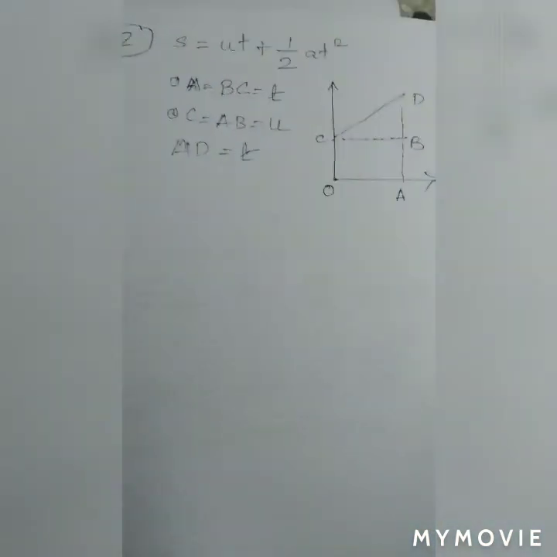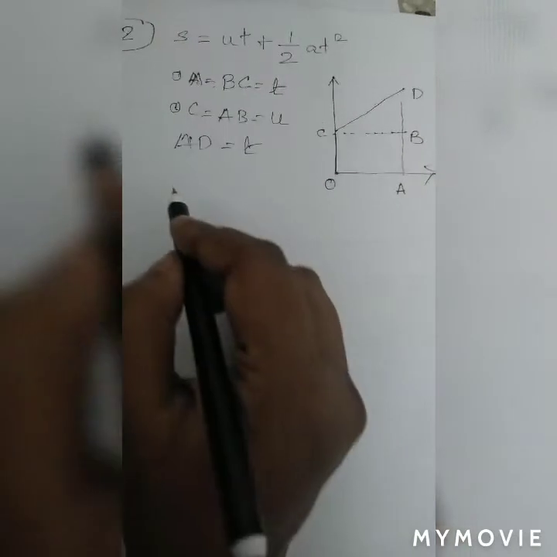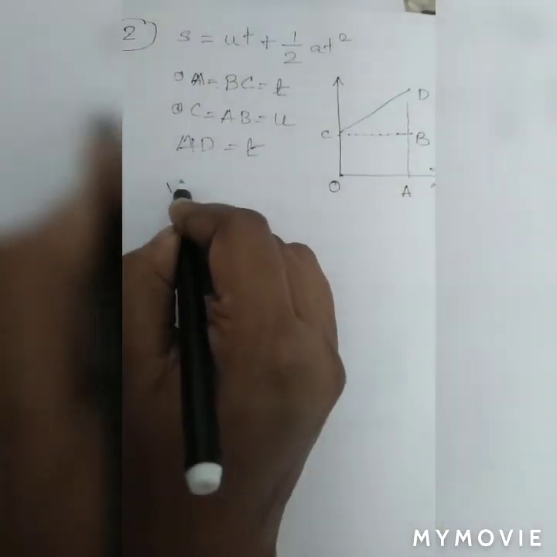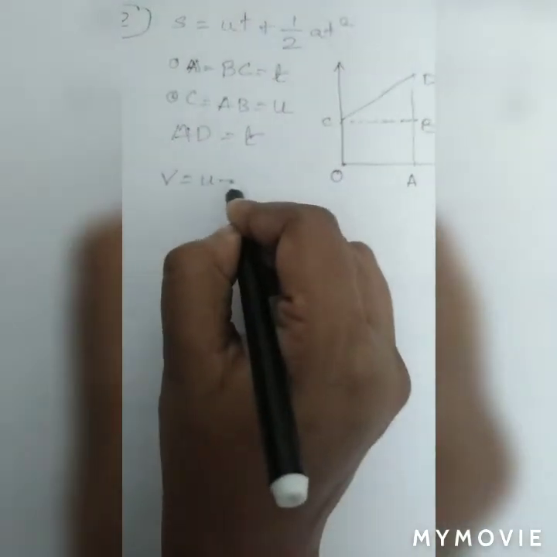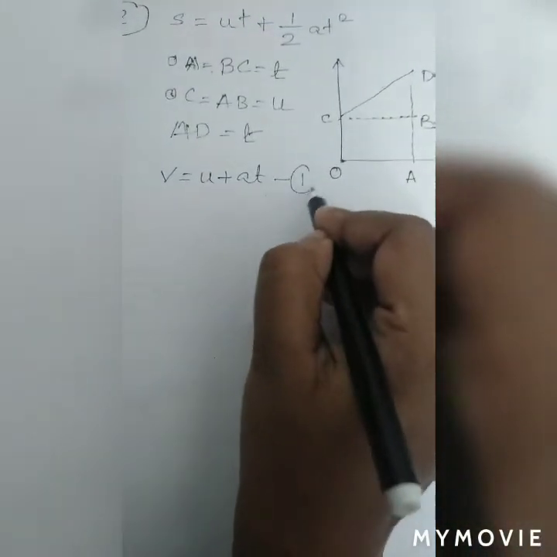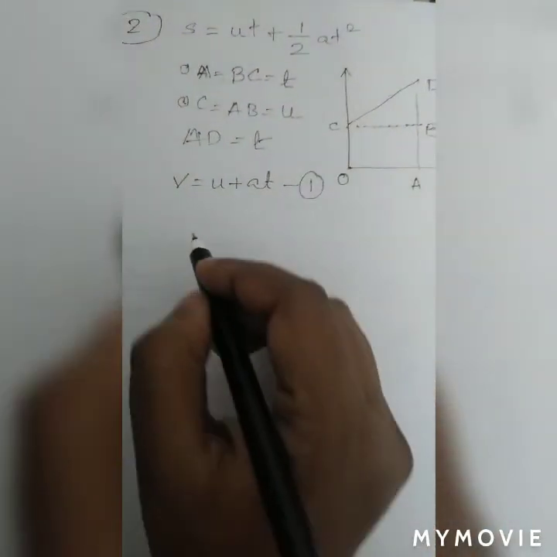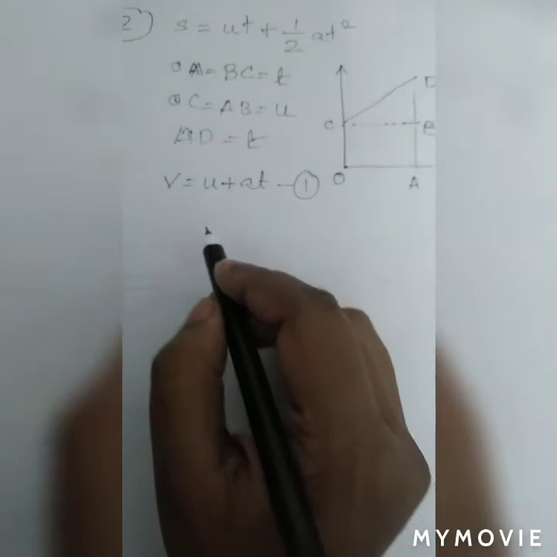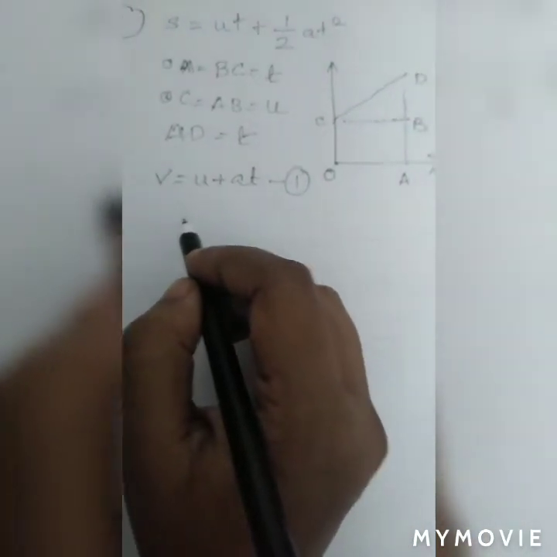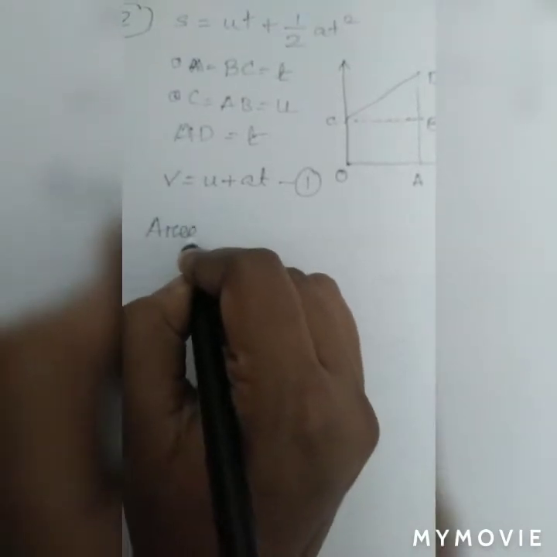For reference, I will again write down the first equation that we have proved. We have already proved V is equal to U plus AT, and we have marked it as equation 1. Now, to prove this, we will find the area under the curve.